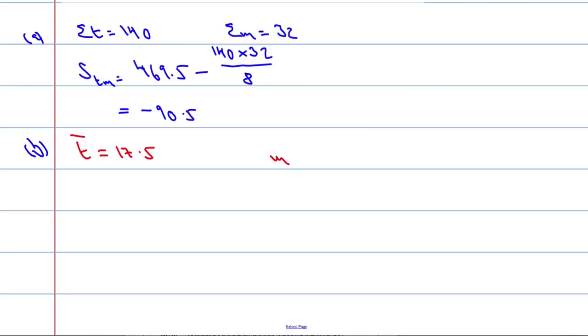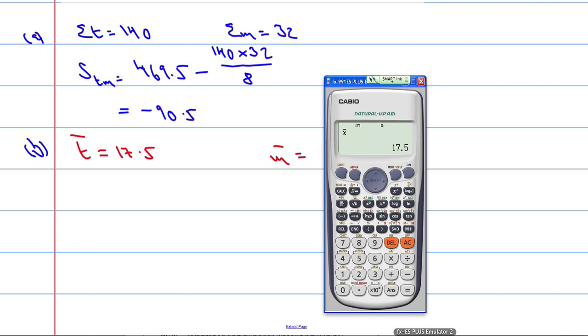We're going to need m bar as well, which is going to be the same as y bar. So again, let the calculator pull out all these summary statistics for you. Y bar, option 5, which is going to be 4.